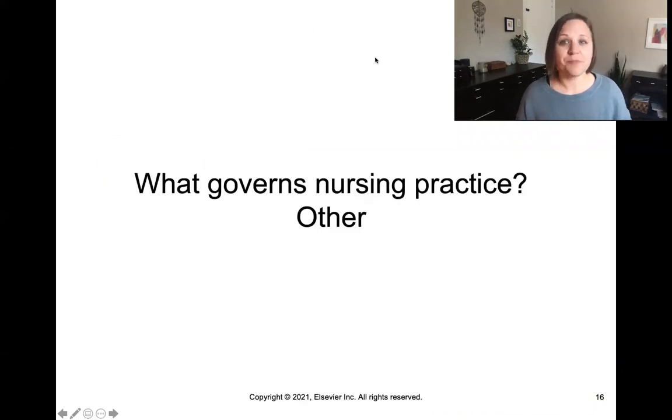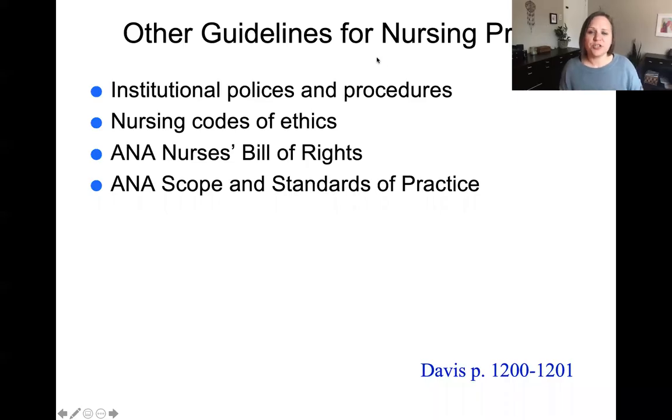So there's a couple other miscellaneous things that govern nursing practice. Let's take a look at those. So, institutional policies and procedures. We have to present our policies and procedure manuals to the state from a hospital, and then you as a nurse are held to the standard of practice for that hospital if there was ever a question about your practice and if you had violated that.